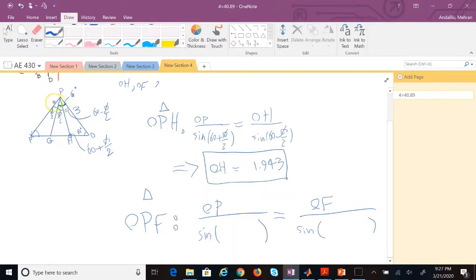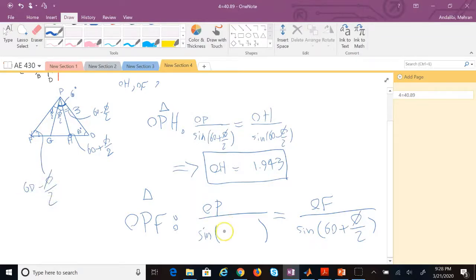This whole angle here, which is in front of OF, is, of course, what? It's 60 plus phi/2, the whole top angle, because this portion of it is 60 and that portion of it is phi/2. And again, since this is 60, this guy is going to be 60 minus phi/2.